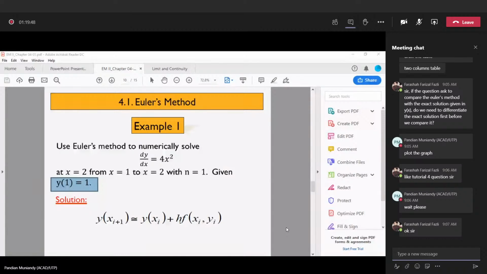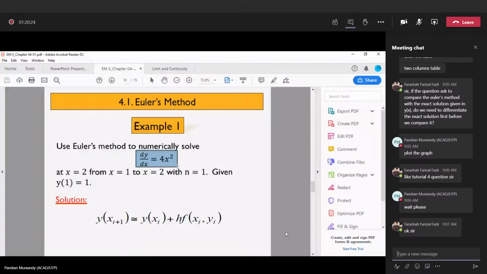Your question is, do we need to differentiate the exact solution first before we compare it? You can solve this exact method first. Okay. Your question is not clear, but to my understanding, dy dx equals 4x squared dx. Write down, yeah? Now, you integrate dy, you get y equals 4 integral of x squared, x cubed over 3 plus c.